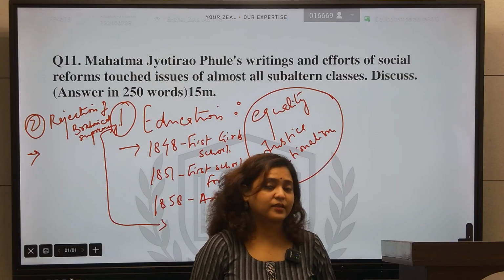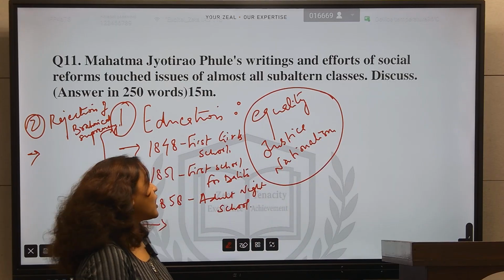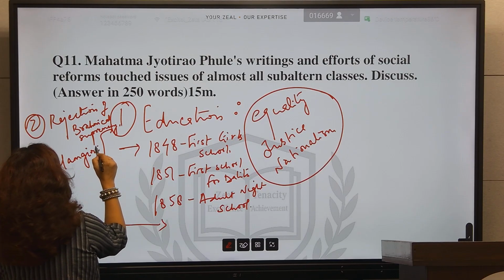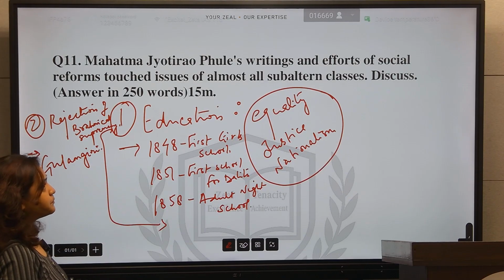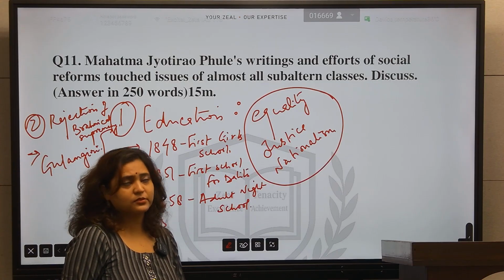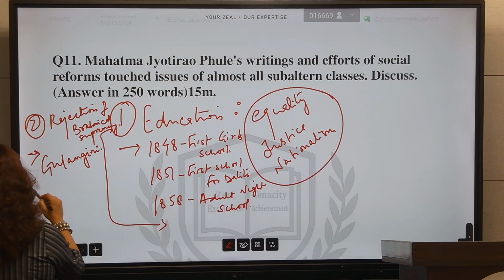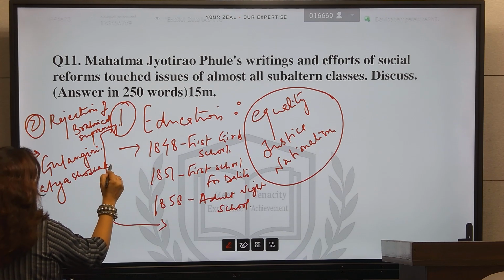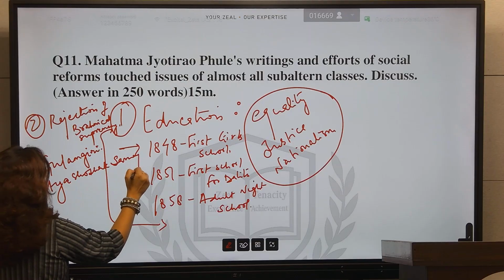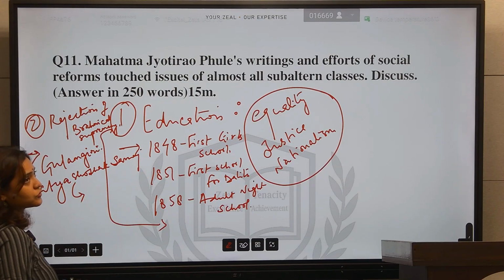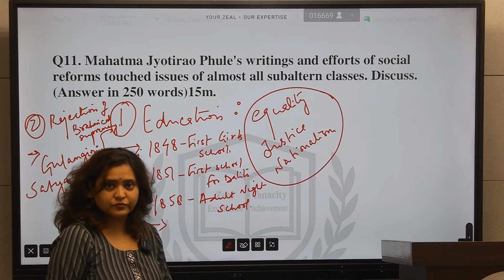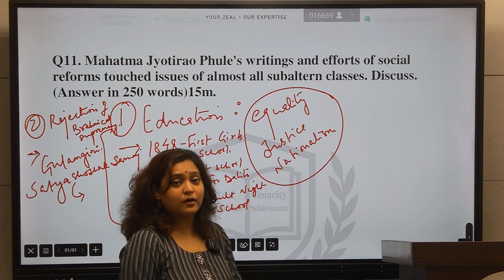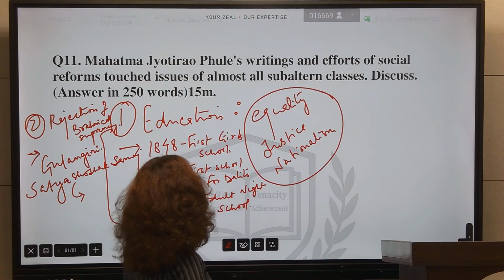He rejected the caste system totally, and he wrote Gulamgiri, or slavery, in which he condemned the caste system. He also formed the Satyashodak Samaj in 1873, or Seekers of Truth, which was open to people from every stratum of society and every gender. So it was a clear sign of rejection of the Brahmanical supremacy.